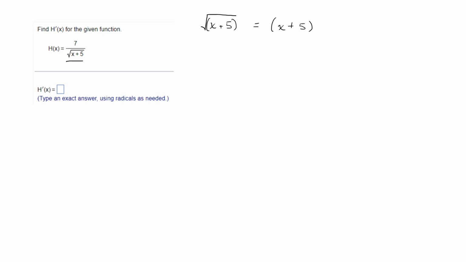So the fraction exponent is always the power over the index.